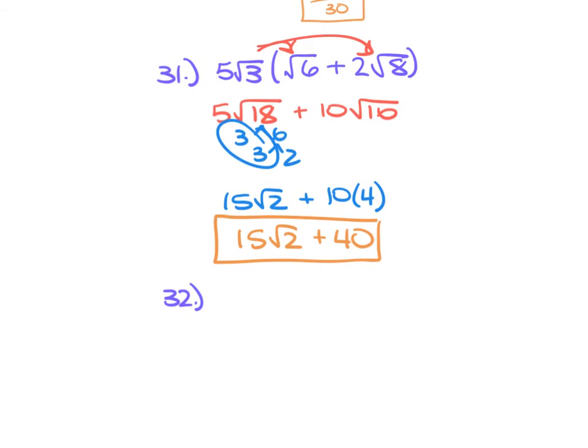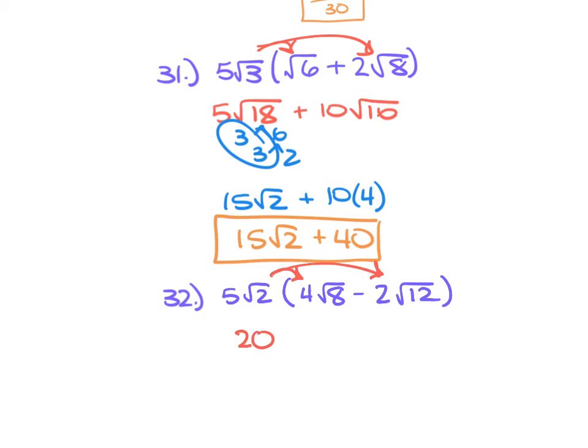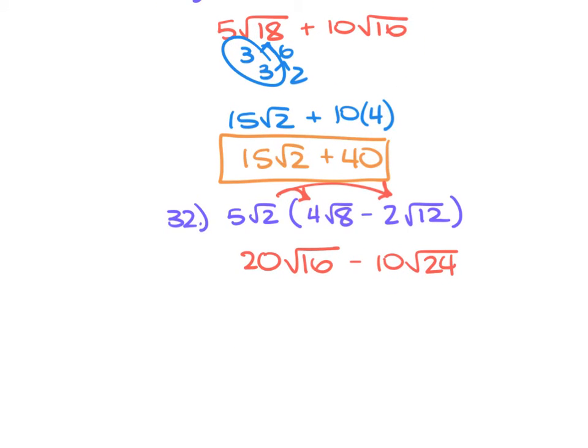For 32, we have 5 square root 2 times 4 square root 8 minus 2 square root 12. I distribute. So I'm going to have 20 square root 16 minus 10 square root 24. The square root of 16 is 4, so that's 20 times 4.